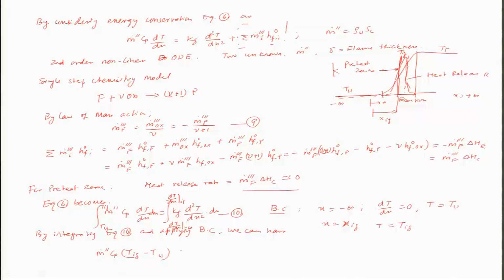So, that will be equal to Kg, Kg is a constant property, so Kg dT by dx at ignition minus Kg dT by dx at x equal to minus infinity, and this is 0. So, therefore, I am getting dT by dx at ignition is equal to m dot Cp by Kg times T ignition minus T u.